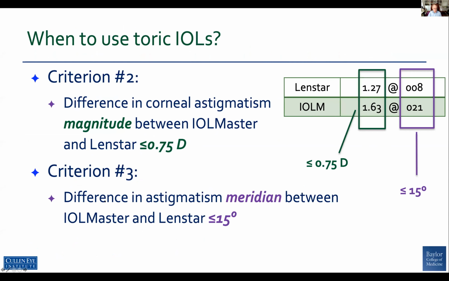Criterion number 3, the difference in the astigmatism meridian between two devices, in our study the LENSTAR and the IOLMaster, less than 15 degrees, and here it's 13 degrees.